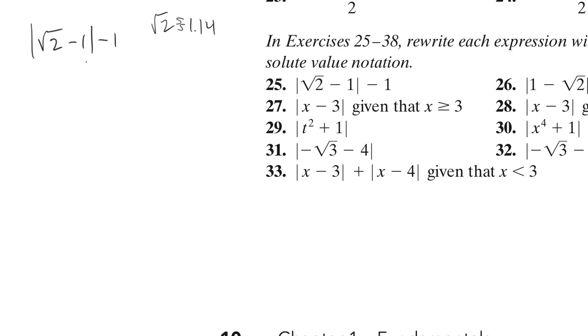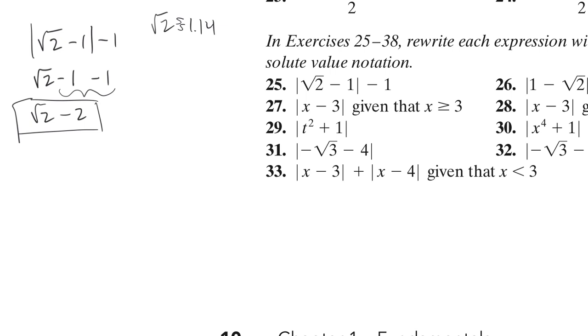So that's where we say that the absolute value of this is just the square root of 2 minus 1. And then we have the minus 1 right there. And then from here, we can say -1 minus 1 is -2. So the square root of 2 minus 2 is the identical expression as our original. So we rewrote it without the absolute value symbol.